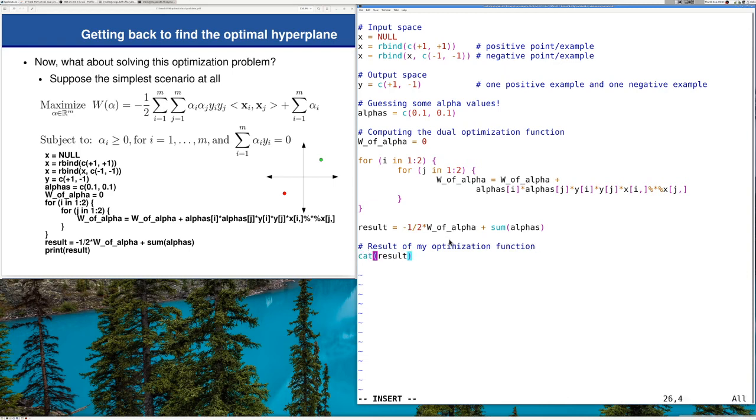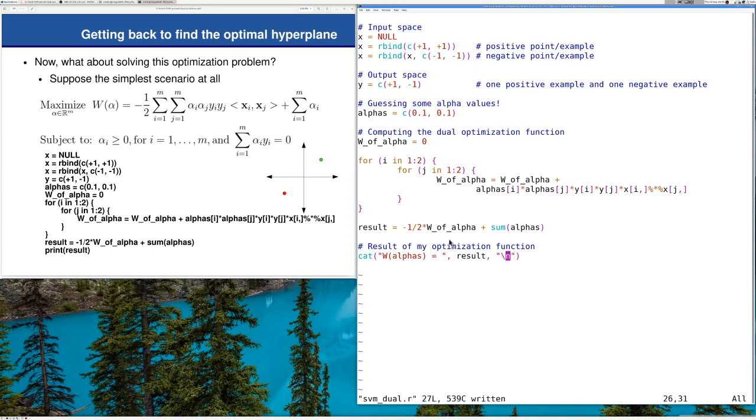Let's print it: W of alpha, or alphas, because we've got a bunch. It's a vector, of course. Yes, exactly this. Let's print it.